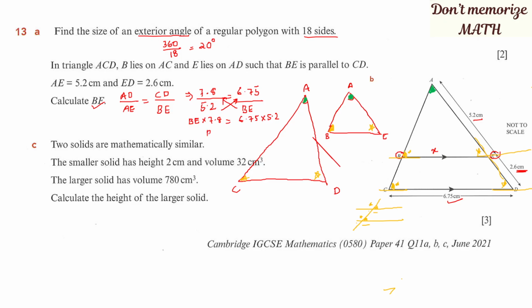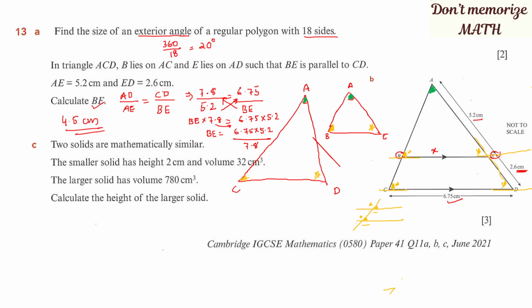So we can find BE equals 6.75 times 5.2 over 7.8, as the 7.8 goes to the right side and becomes divided by. Check the calculator, take the fraction button. You have 6.75 times 5.2 divided by 7.8. So you will get 9.9 over 2, that is 4.5. It is centimeter. So the length of BE is 4.5 centimeters.